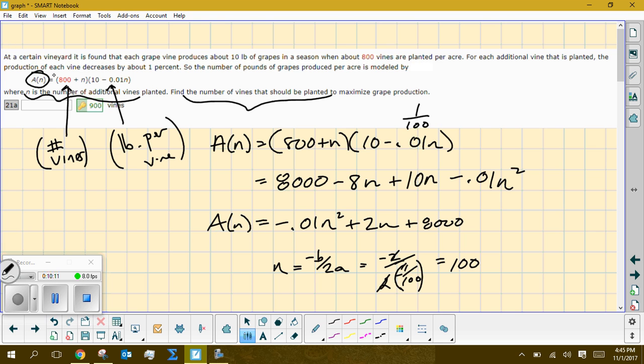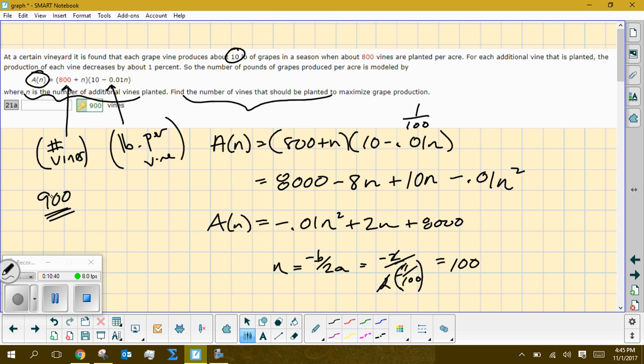We're going to add 100 to that, and we should plant 900 vines. 900 vines will actually maximize my grape production. Now think about this. 900 vines means that each vine itself is not going to produce the 10 pounds, because after 800, this 10 pounds gets decreased. But adding 100 vines compensates for the 1% that we're losing per each vine.